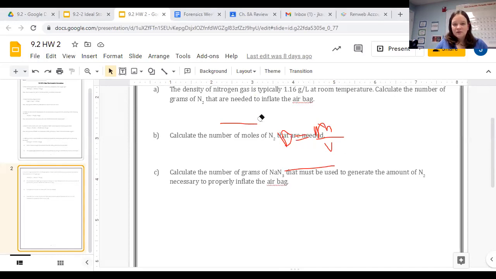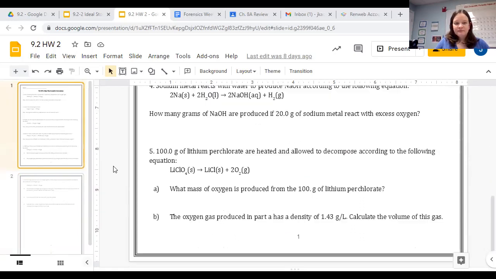So that should be just fine. 5b also has a density. So you'll calculate the mass and then use the density equation.